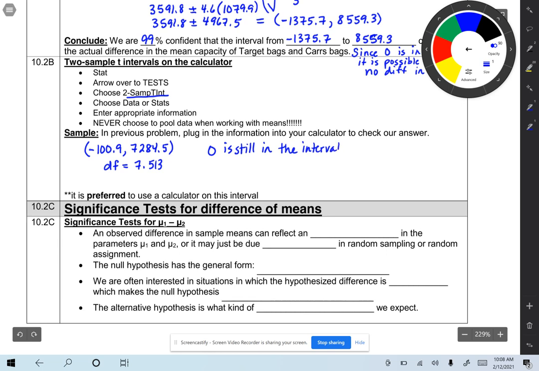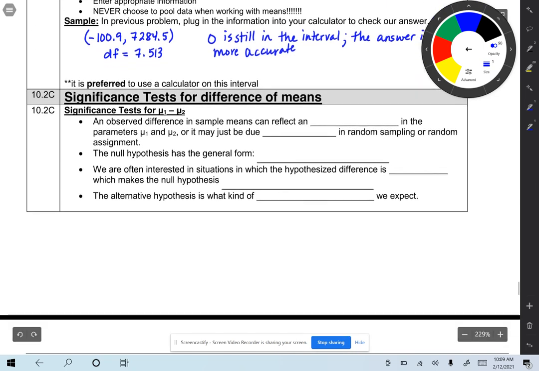So the interval is more accurate. It is preferred to use a calculator on this interval, but honestly, you would not be counted wrong either way, whatever method you choose to do this question.